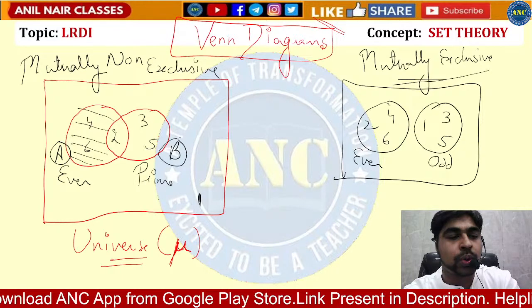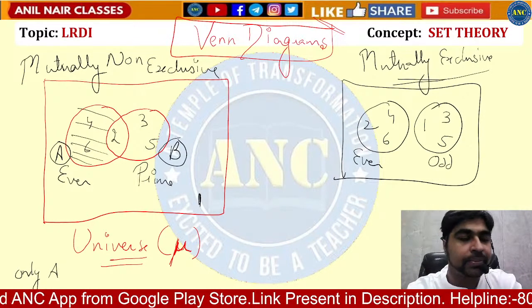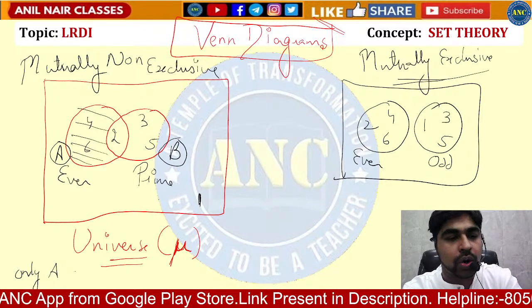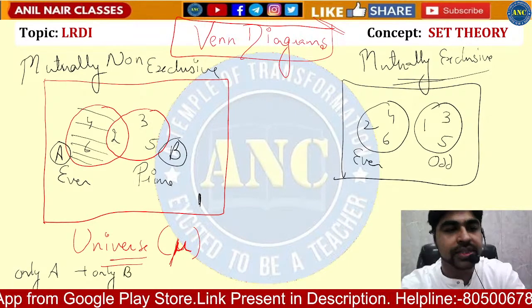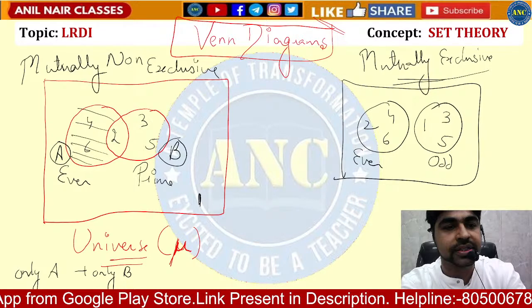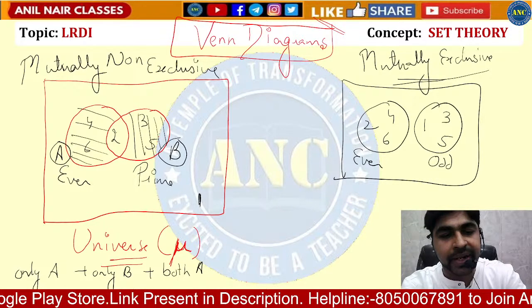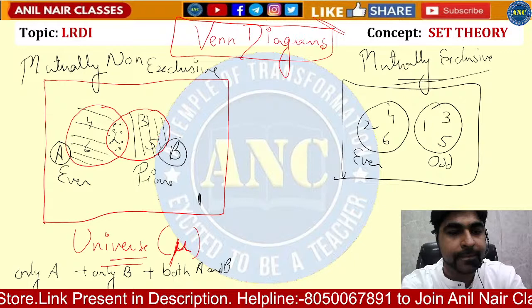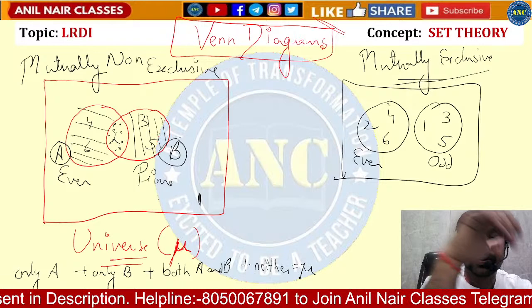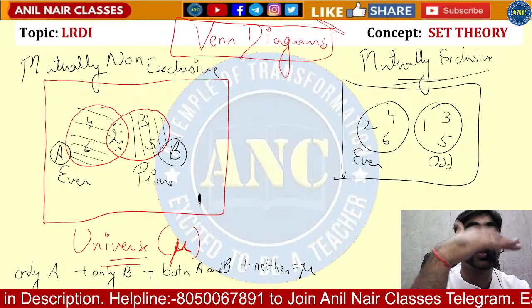Only even numbers is one portion, only prime numbers, they would be 3 and 5, or both even and prime, that would be this particular value of 2. And plus neither, which would be defined as mu or the universe. Understanding my point?